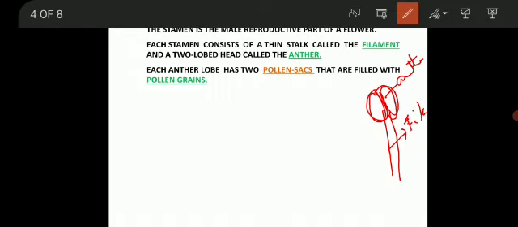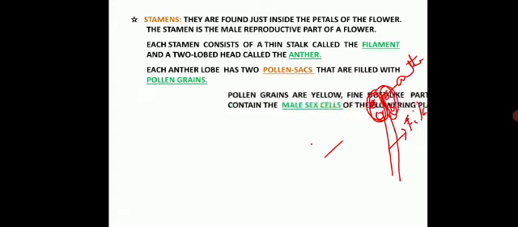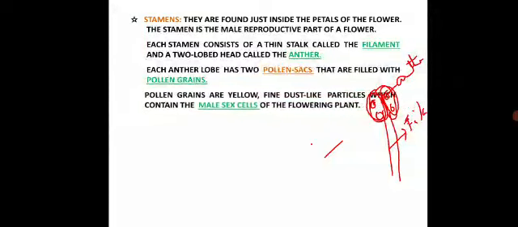Now, each anther lobe has two pollen sacs which are filled with pollen grains. Pollen grains are usually yellow fine dust-like particles which contain the male sex cells of the flowering plant.